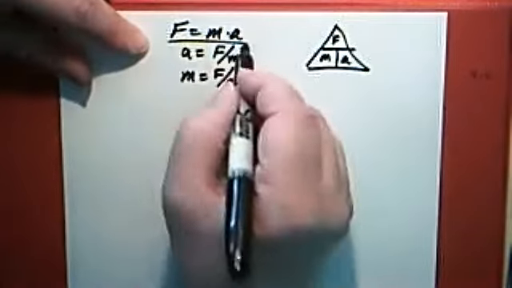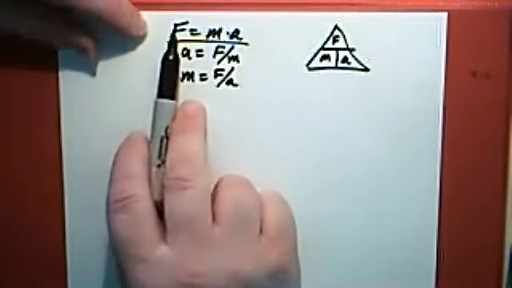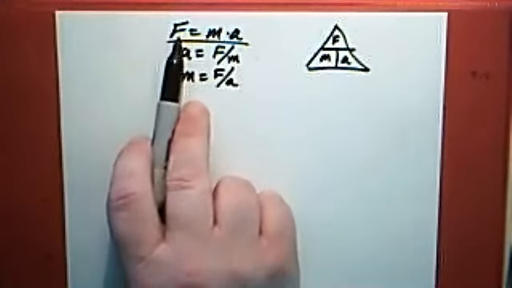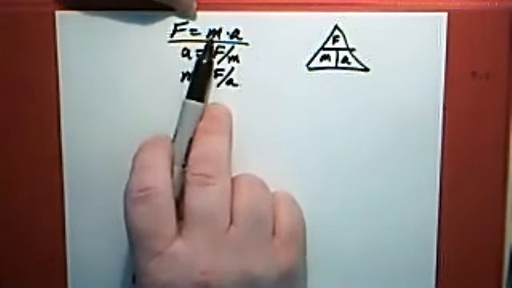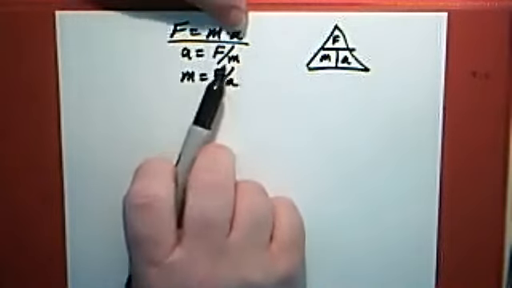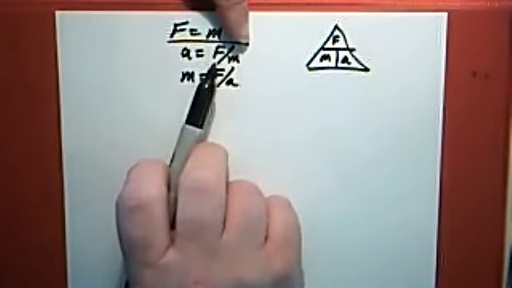Looking at the original equation, we can also see that it makes sense that force would be proportional to mass if acceleration is the same.